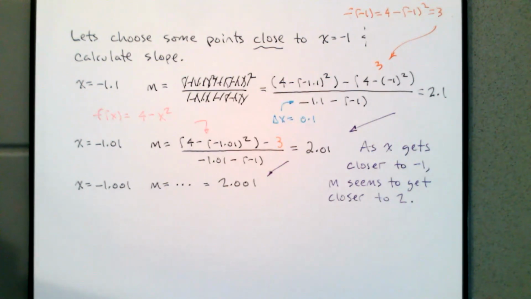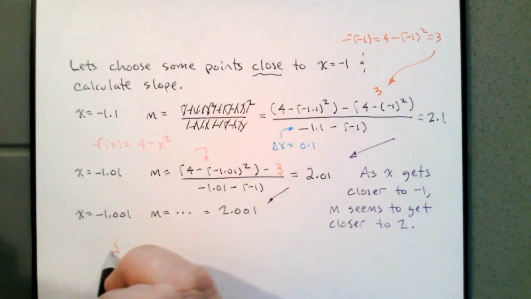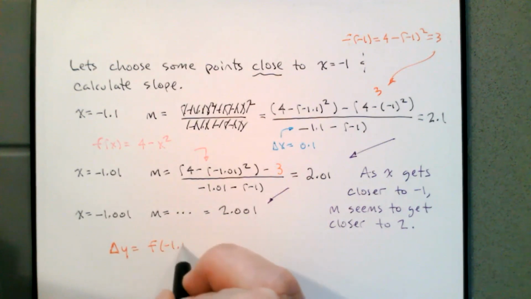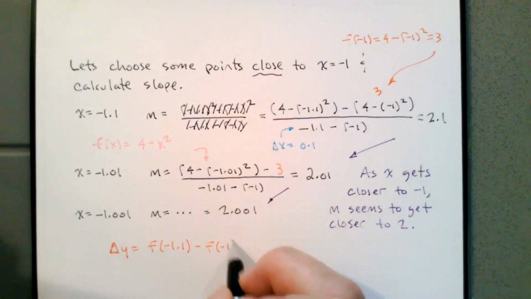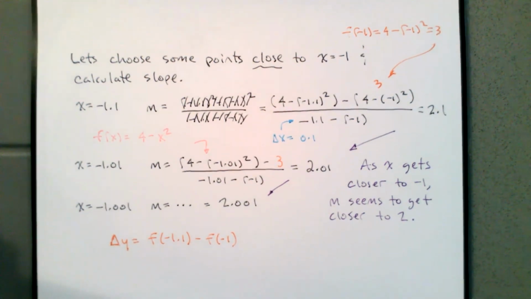Because I'm looking at the change in y divided by the change in x. So the change in y will be the function evaluated at -1.1 minus the function evaluated at -1. Oh, okay. So it's a stand-in. Yeah.